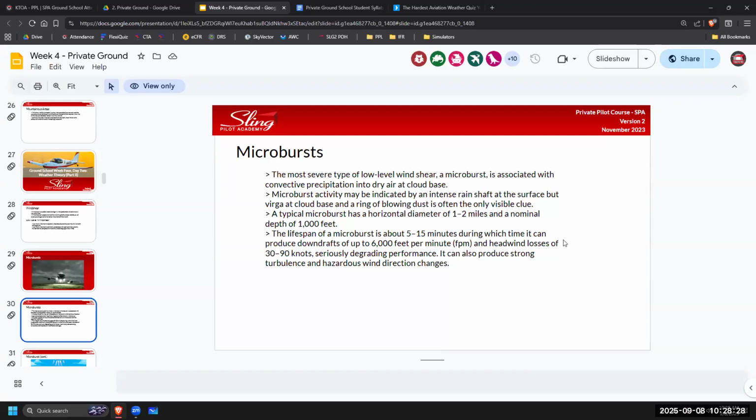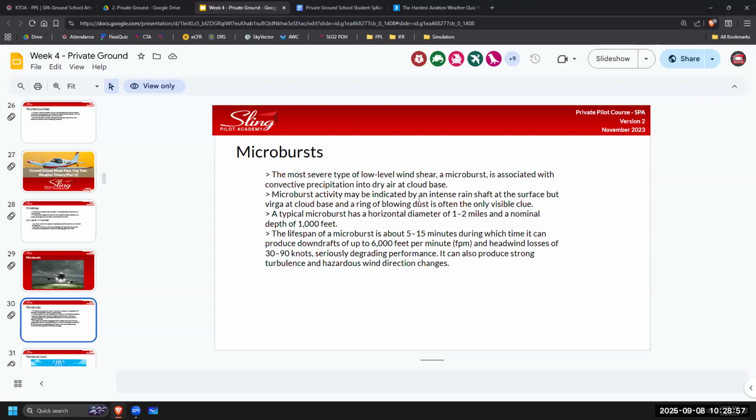So a headwind loss of 30 to 90 knots is unrecoverable for a plane like us in the sling. For a jet, you saw it's almost unrecoverable in their instance as well. So it produces strong turbulence and hazardous wind direction changes, but it's a column of descending air, like it has a cloud base right here that we're talking about.